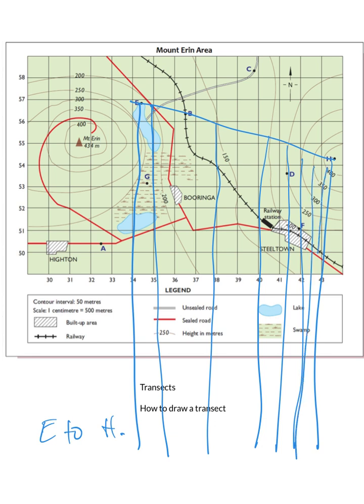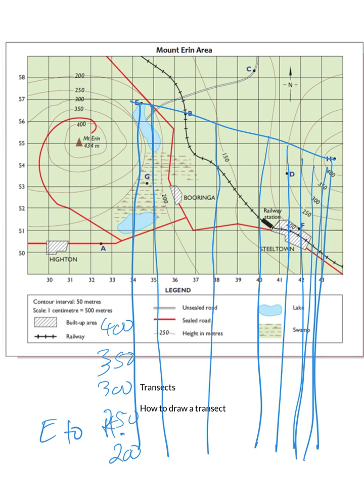Maybe a bit neater than what I've done. And what we've got here is we're going up in 50s. The lowest point on that line is going to be this one here, 200. So we might start at 200 and then we go 250, 300, 350, 400.